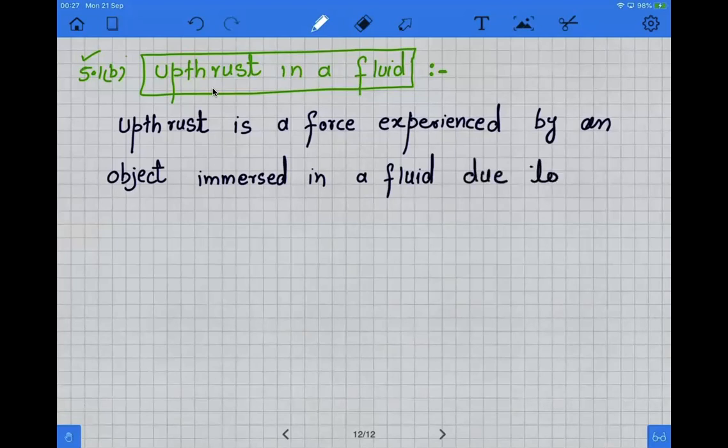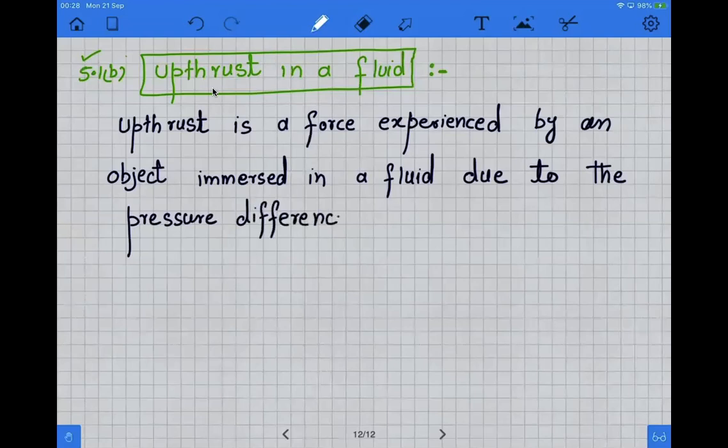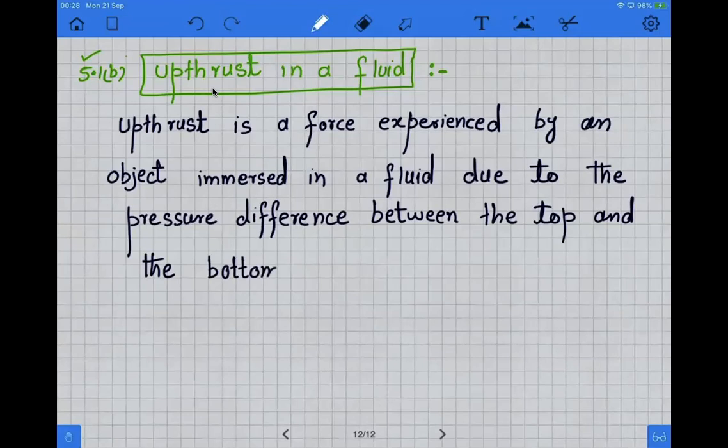Upthrust is due to the pressure difference between the top and the bottom of the object.